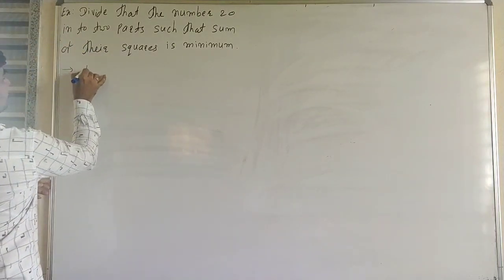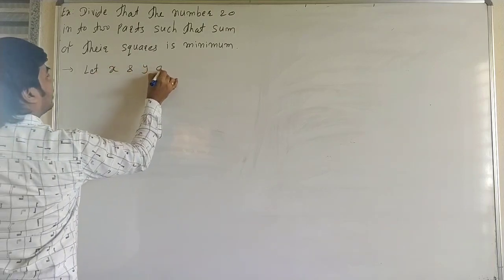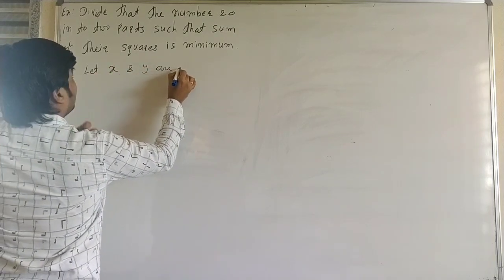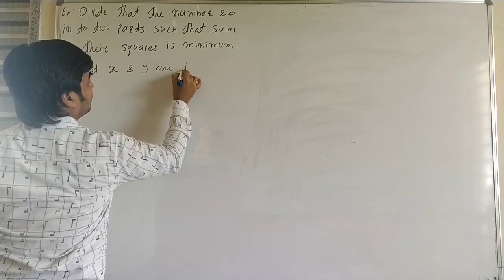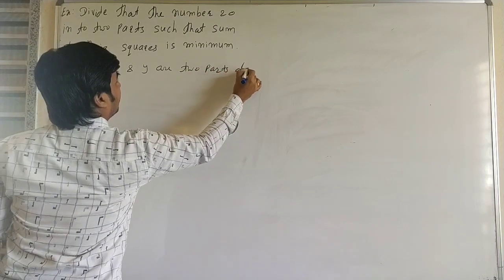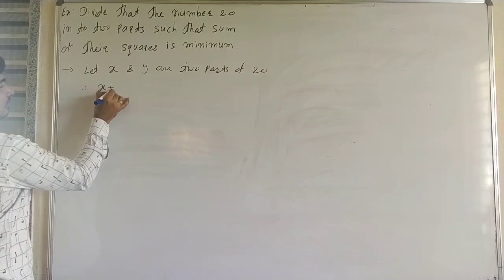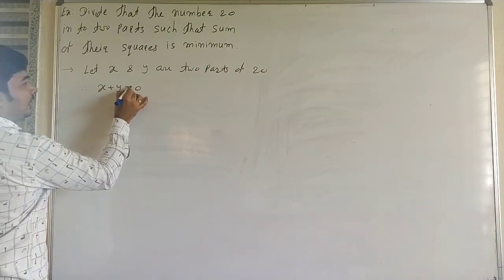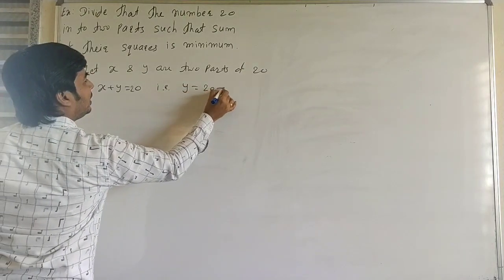Now let x and y be the two parts of 20. Therefore we can write x plus y is equal to 20, that is y is equal to 20 minus x.